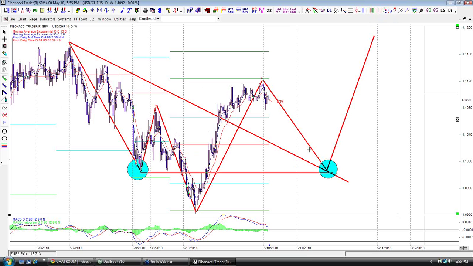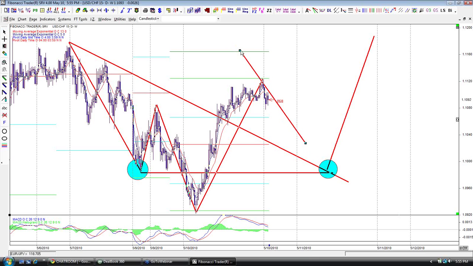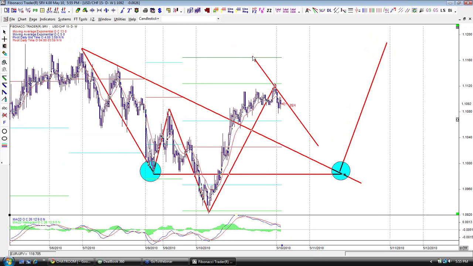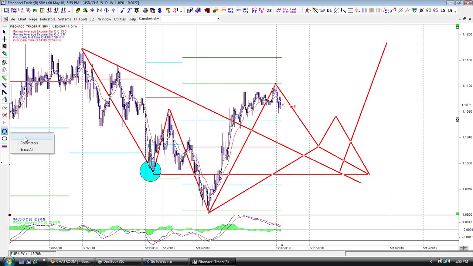And on its way down, it is possible that here we form something like this. This will be a bullish Gartley converging with this head and shoulders.